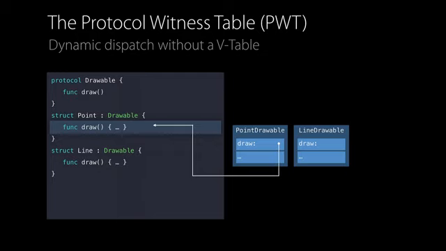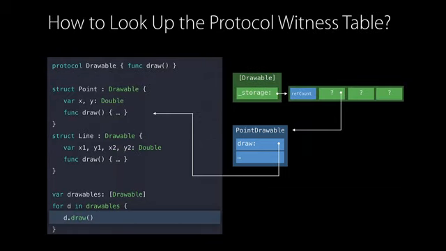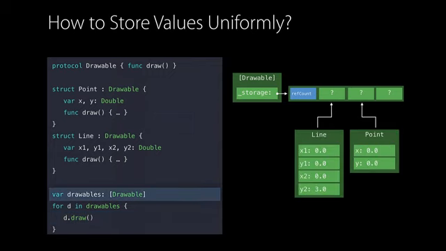Okay, so now we know how to find that method. But there's still a question. How do we get from the element in the array to that table? And there's another question. Note that we now have value types, line and point. Our line needs 4 words. Point needs 2 words. They don't have the same size.